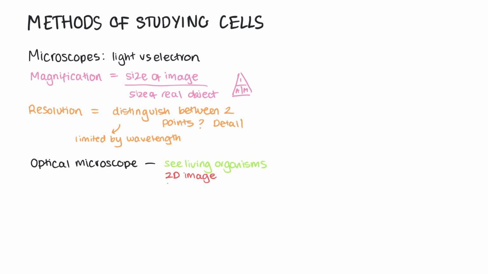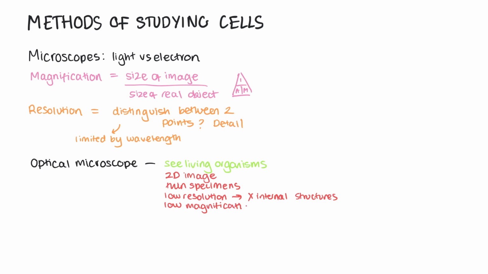The specimen must be really thin and it's low resolution. That's the most significant disadvantage here, and it's low resolution due to the long wavelength of light. So therefore we can't see small organelles such as ribosomes, and we also can't normally see the internal structures of organelles. It's also got a low magnification.